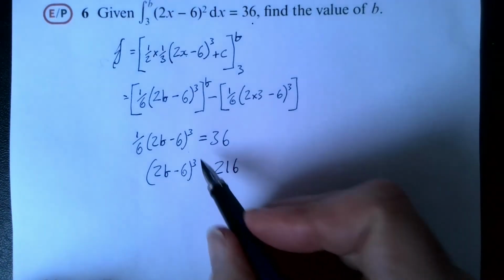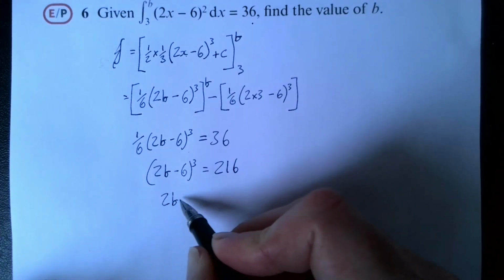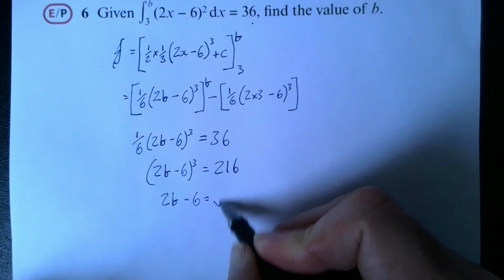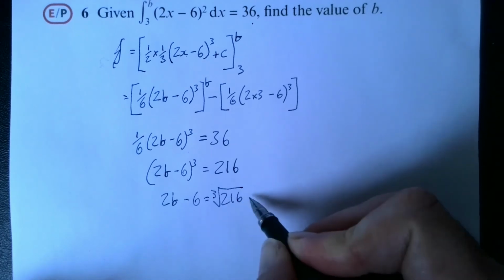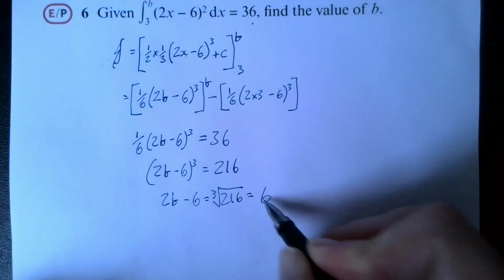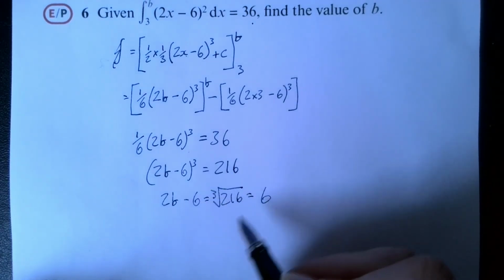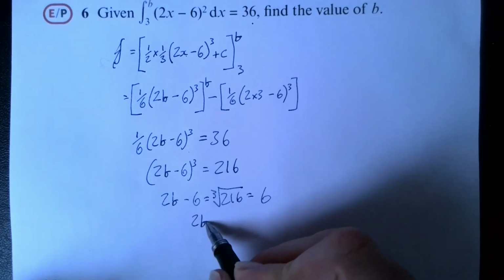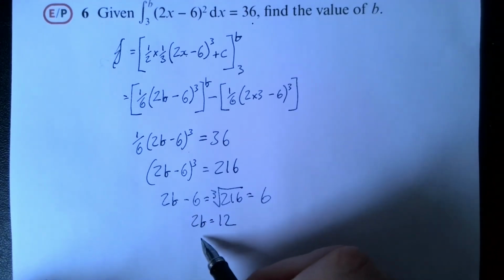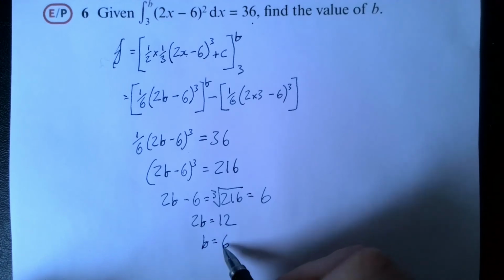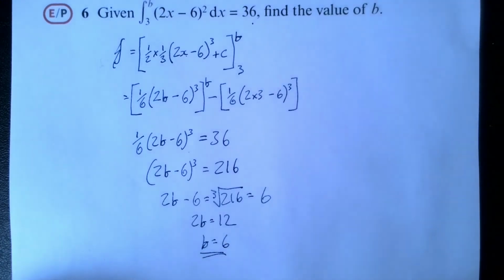Which is a cube number, which is nice, because then we can say that 2b take 6 is going to equal the cube root of 216, which is 6. Add 6 to both sides and we can say that 2b equals 12 and that therefore b equals 6. And we've done it. So not that nasty really.